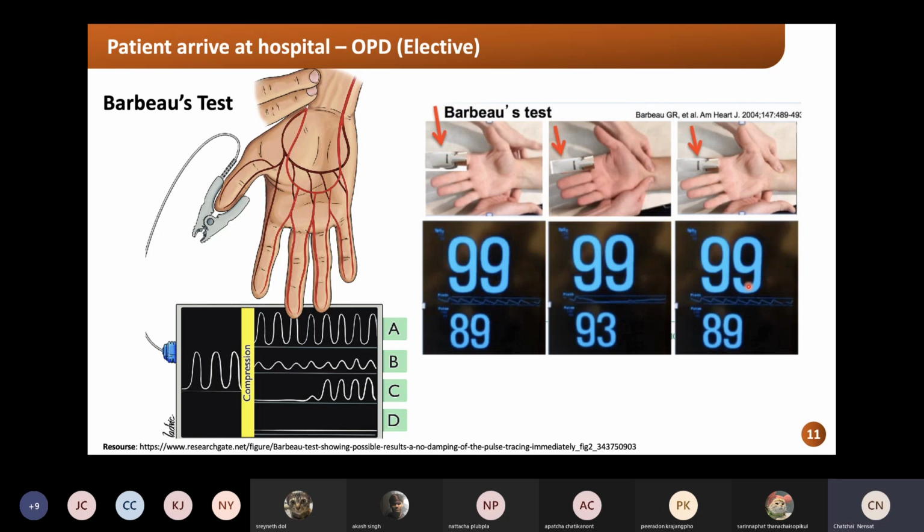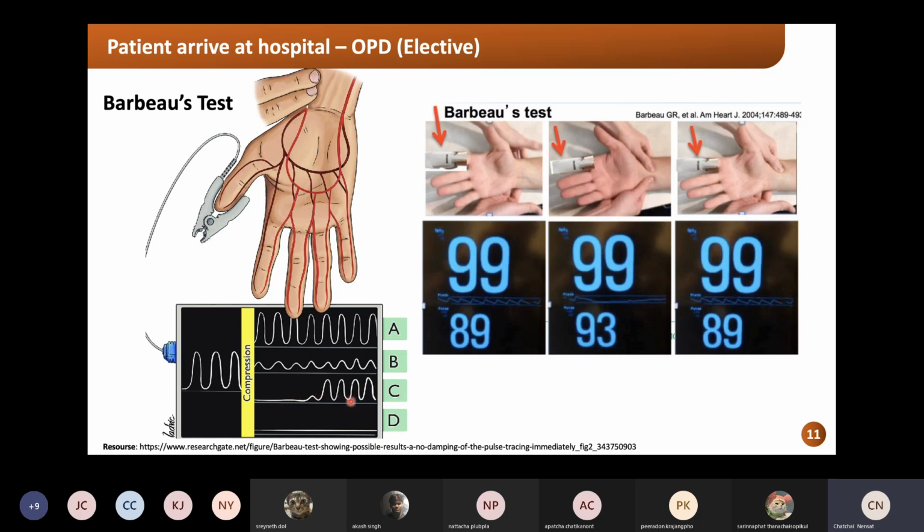And after that, like in this picture, you will see after we compress the radial and ulnar artery, the pulse wave of the patient detected by this pulse oximeter will damp, as shown in B. And after you release the finger or thumb that you compress on the ulnar artery, you will see the pulse wave return to normal.